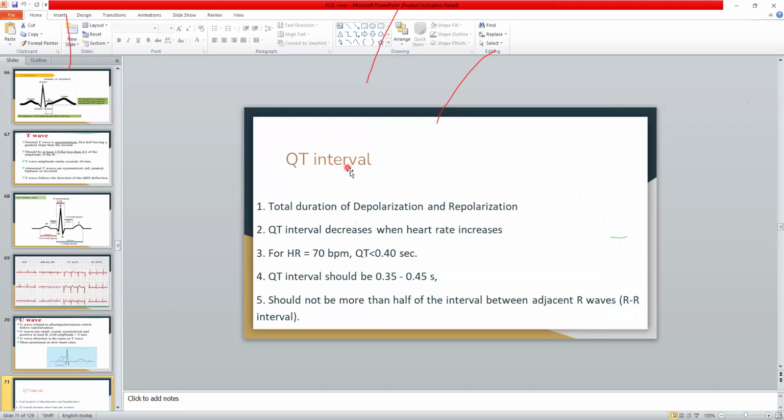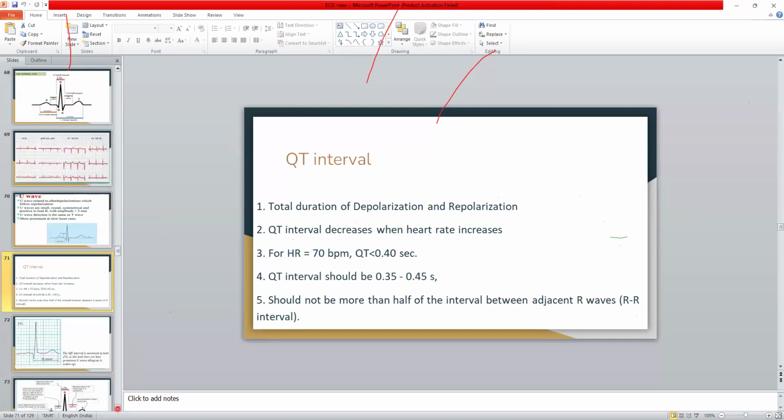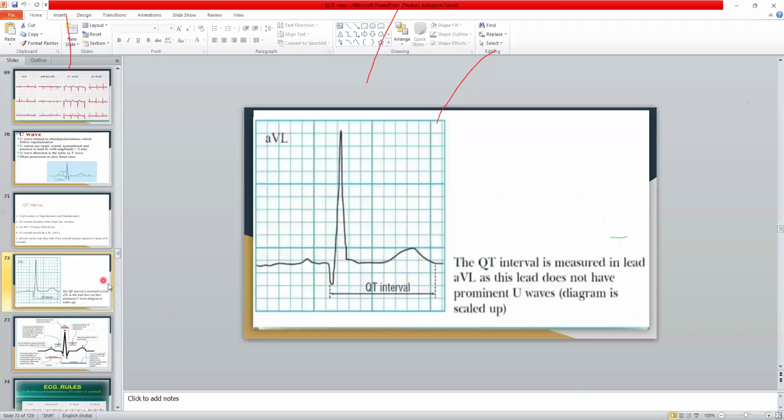Coming to the QT interval, it is the total duration of depolarization and repolarization of the ventricles, reflecting the electrical activity of both the right and left ventricles. It is measured from the beginning of the QRS complex to the end of the T wave.